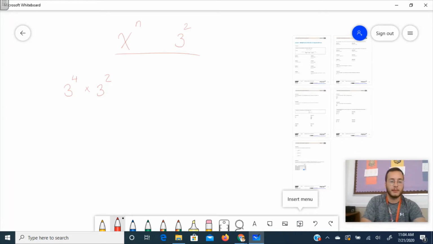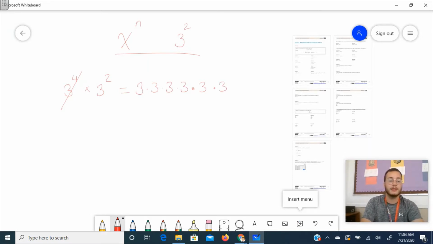Well, if you thought about it, 3 to the 4th power, we know what that means. That just means repeated multiplication. So I have 3 times 3 times 3 times 3, total of 4 times. And that is also being multiplied by 3 to the 2nd power, which would be 3 times 3.